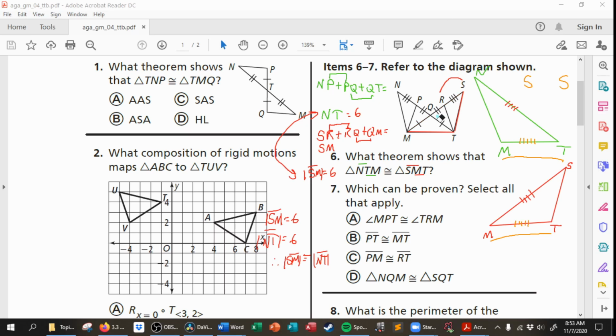And I'm going to go back to my diagram that I was given to see what I can potentially come up with. And I don't think we've used this purple color yet. So we know this is congruent to this. And we know down here is congruent. Do we have anything else that we know?